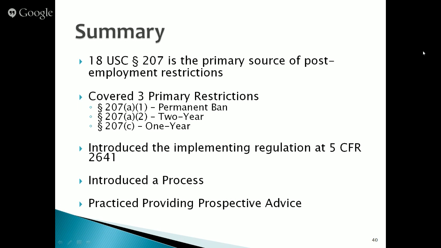Before we give you the summary of that, one thing I thought you all might be interested in knowing is the example of Mary Carlile that I gave you was actually based upon a case that is in OGE's prosecution survey from 1993. This was a case where a former employee resigned her position on the Board of Governors of the Federal Reserve. Following her resignation, she was elected to the Board of Directors of a bunch of different companies.